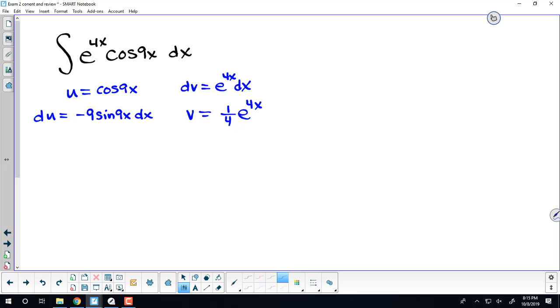But the original integral then is u times v. So however we want to write that, u times v, minus the integral of v times du.